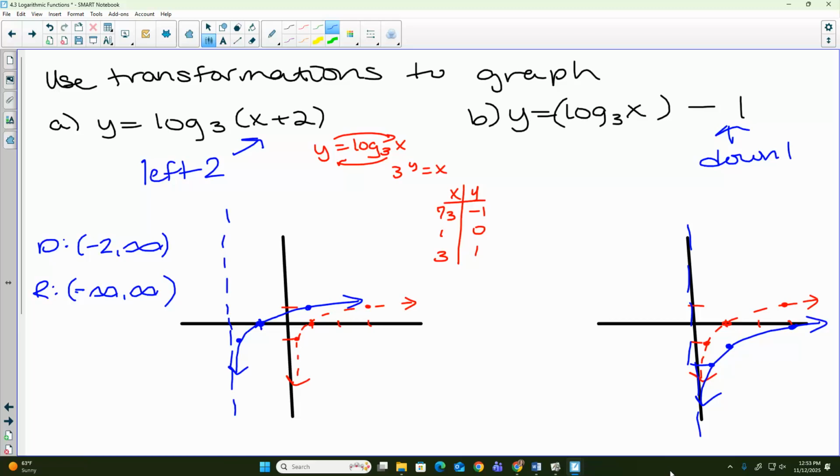So it should look like that. What's the domain of that graph? And the range? Any questions there?